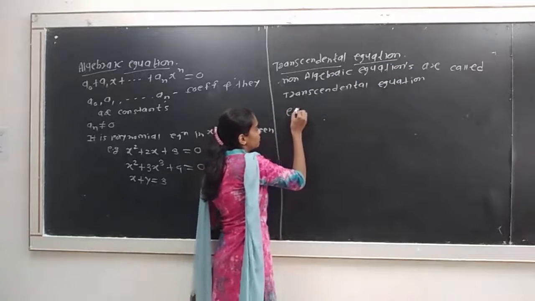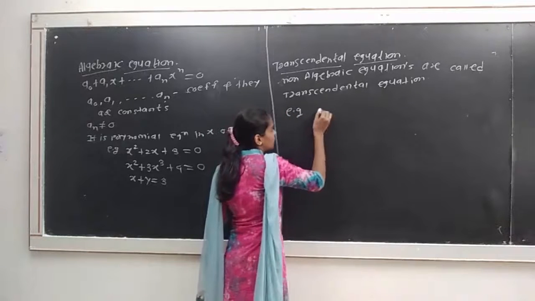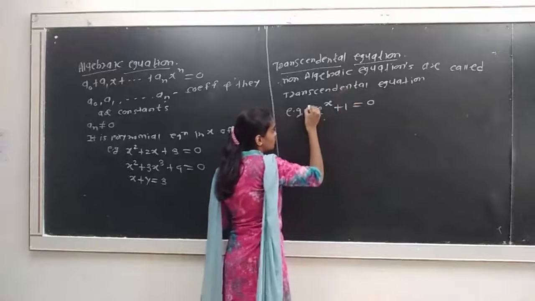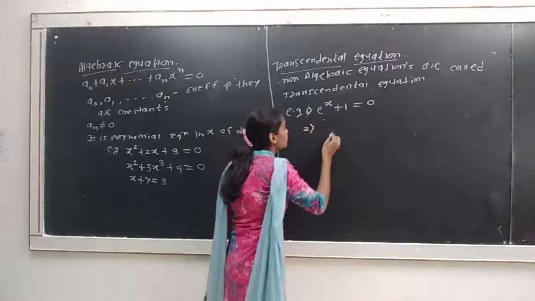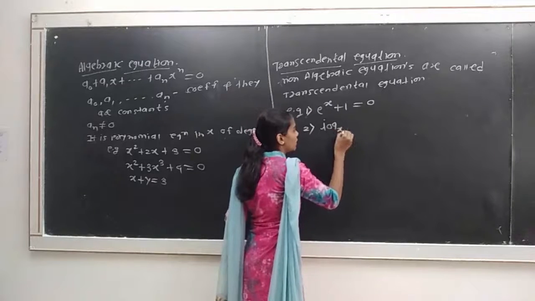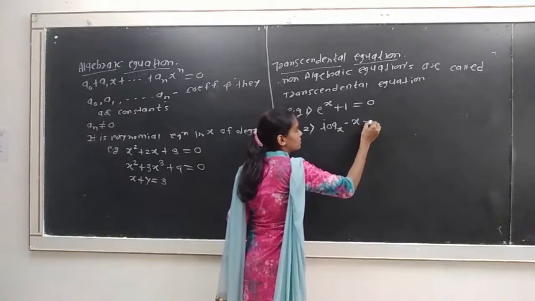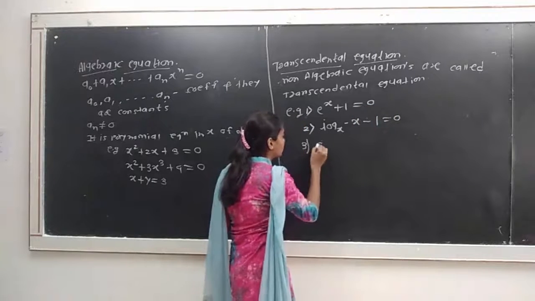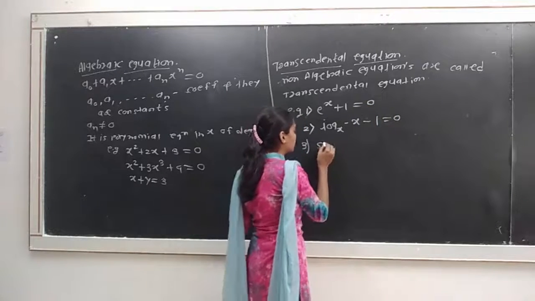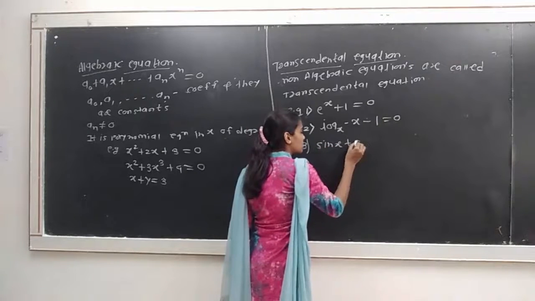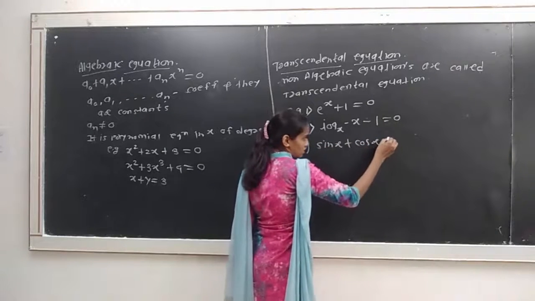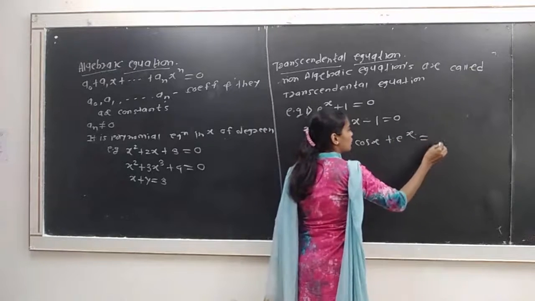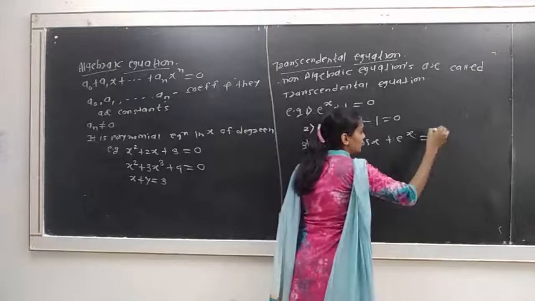For example, e raised to x plus 1 is equal to 0. That is the first example. Then the second, log of x minus 1 is equal to 0. Or the third example is sin x plus cos x plus e raised to x is equal to minus 1.